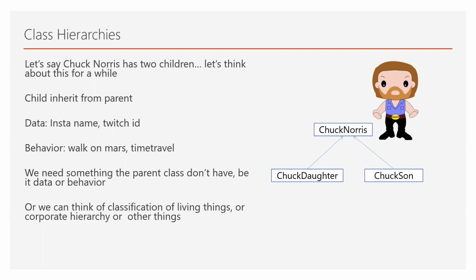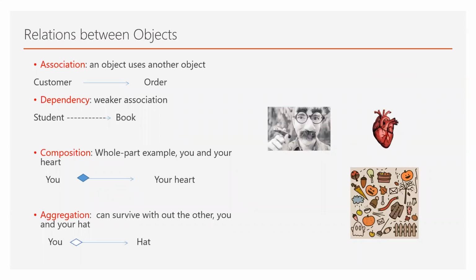And for behavior, they can walk on Mars or do time travel. So anything that is extra to what the parent has, or that overrides what the parent had before.